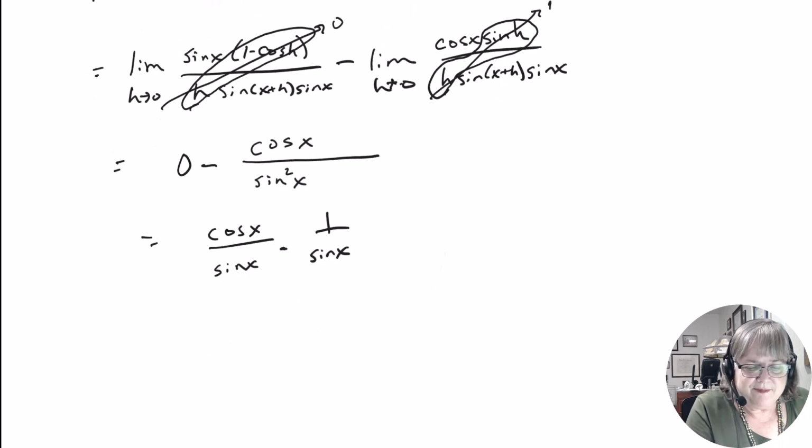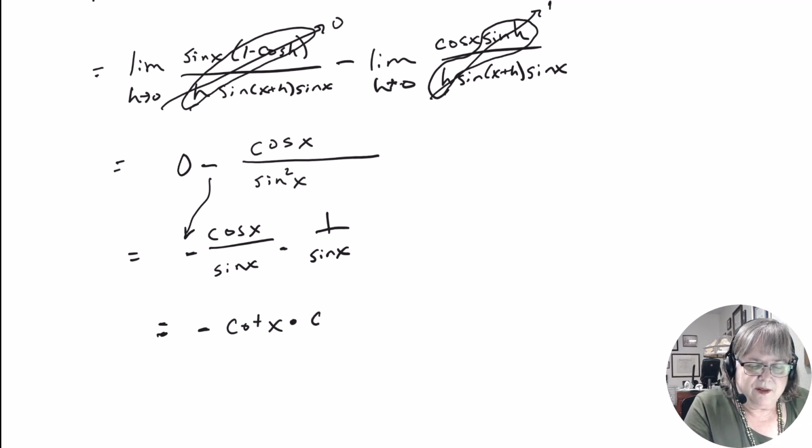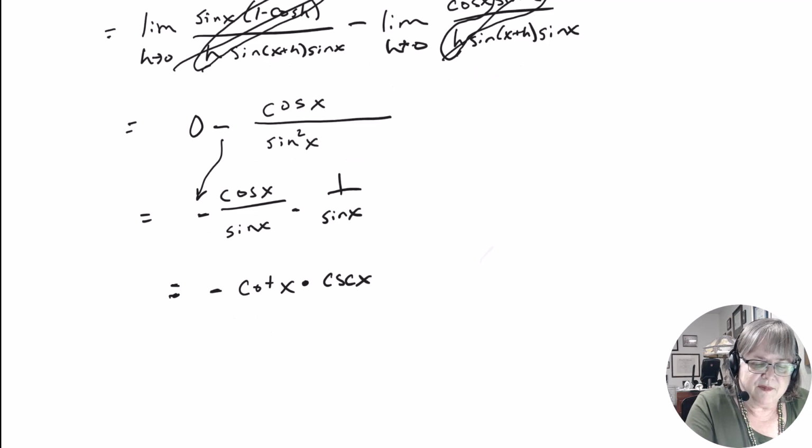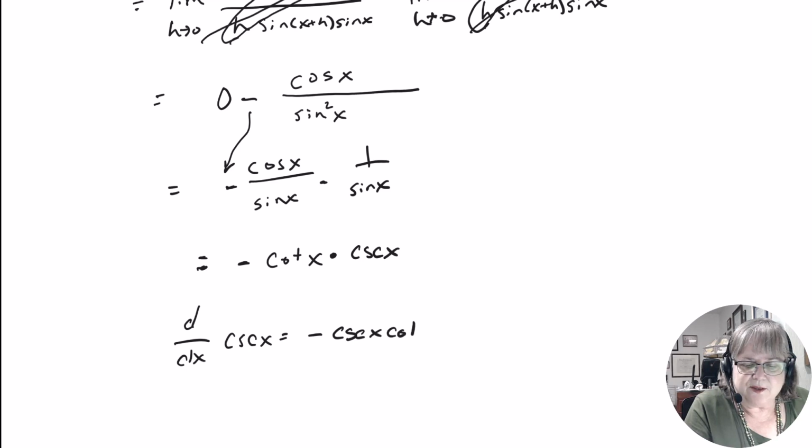We're almost done, which is, oh, don't forget our minus. There's a minus right there. Equals minus, and this is cotangent, cosecant. So the derivative with respect to x of cosecant x is minus cosecant x cotangent x, which is the way you most often see it.